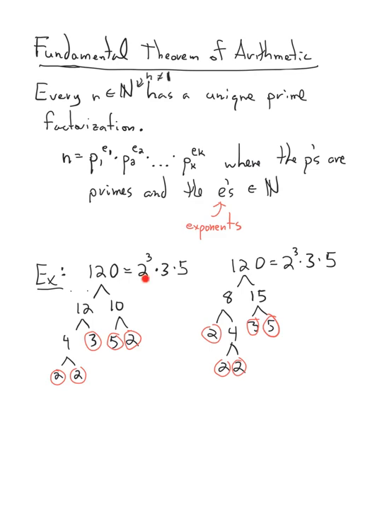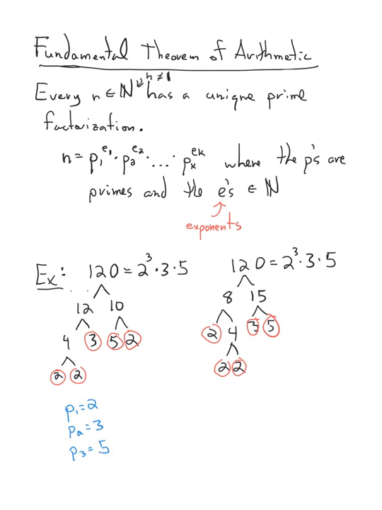So 2 times 2 times 2 is 2 cubed, times 3 times 5. So in this notation, our k is 3 because we have 3 different prime factors. And the exponents, well, let's just write it down here. p1 is 2, p2 is 3, and p3 is 5.